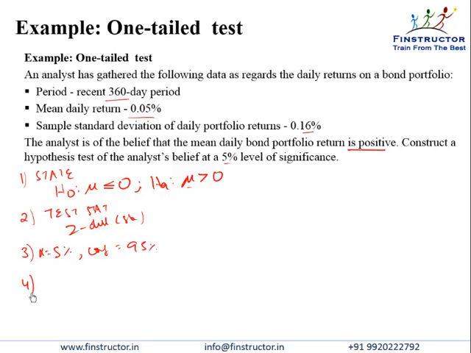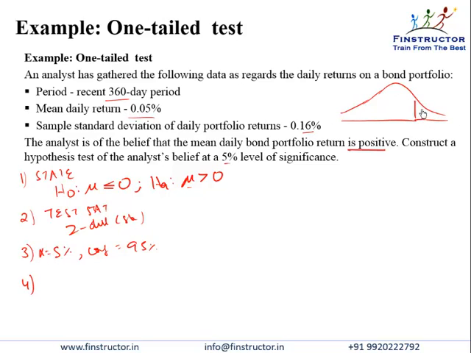Step 4 is to state the decision criteria. Now the null hypothesis is that the mean is less than or equal to 0. So we will reject the null if the value is significantly positive.